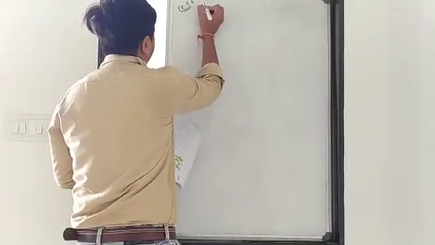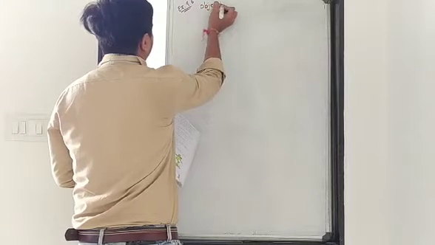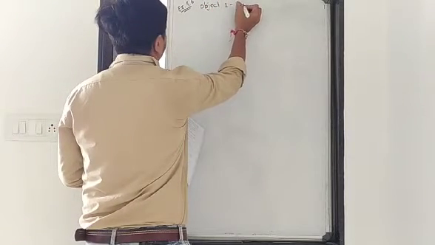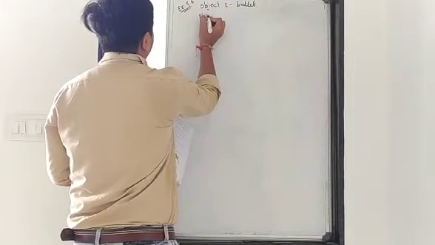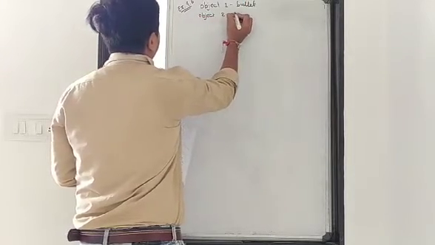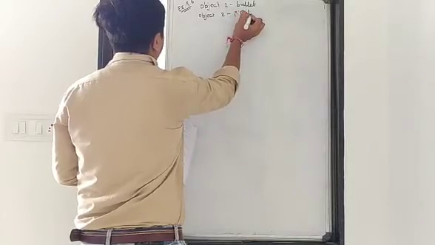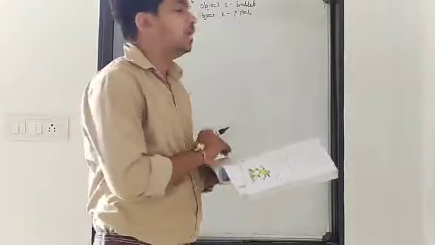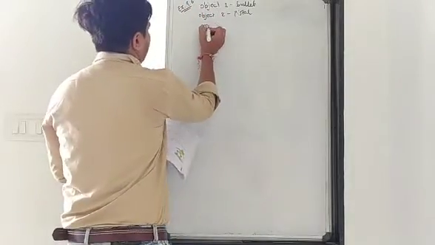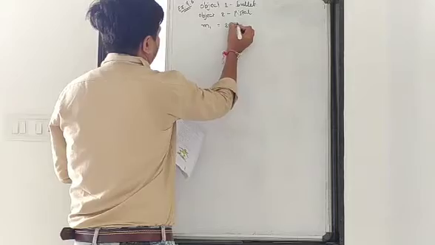So object one is taken as bullet and object two is the pistol. Right? Now for the bullet, you have to take 1. So the mass of the bullet is taken as m1, which is 20 gram.